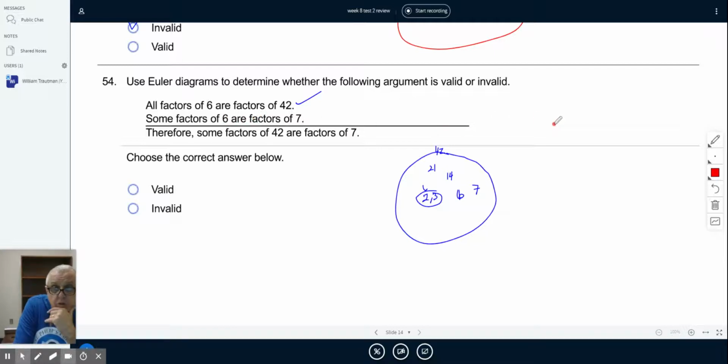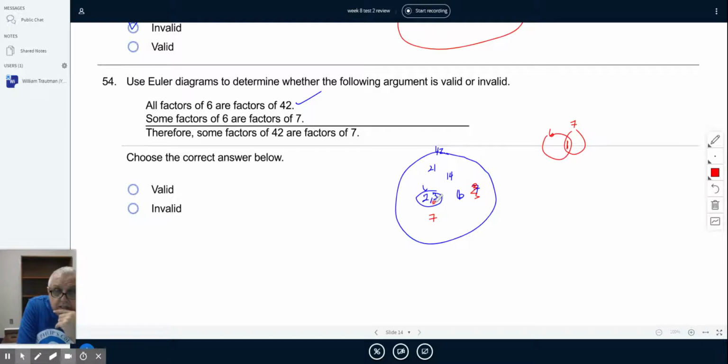So if we wrote this, the some has to look like this. These are factors of 6 and these are factors of 7. Do you see? These are some factors of 6 that are in 7. Somewhere you have to have an overlap. And 7 is a factor of 42. Let me put 7 down here. So see, here's 7.